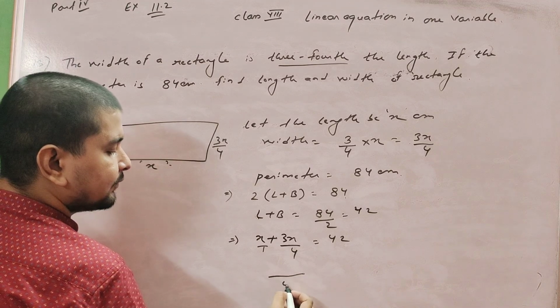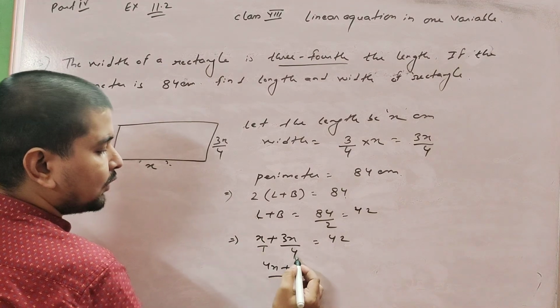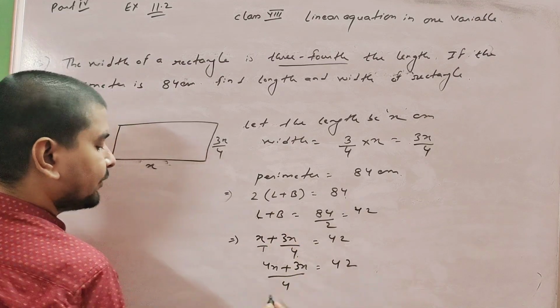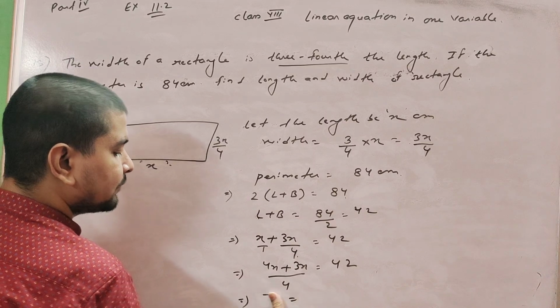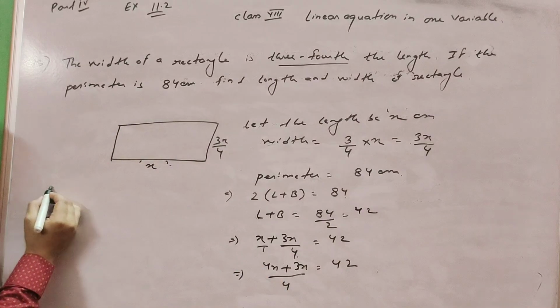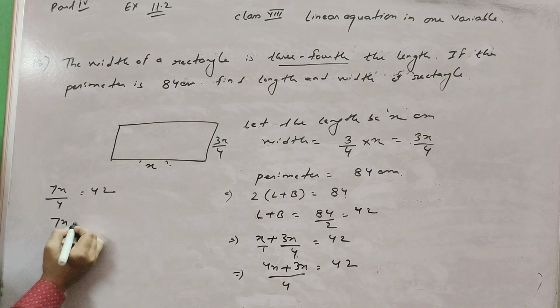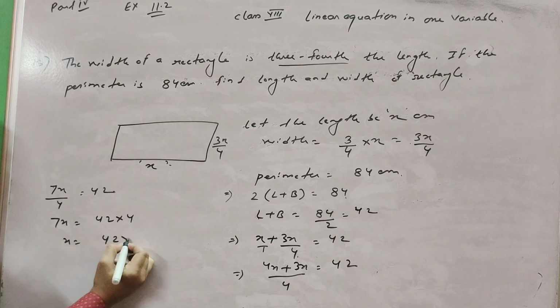Take the LCM: 4 into x is 4x, plus 3x, gives 7x by 4 equals 42. So 7x equals 42 into 4, and x equals 42 into 4 upon 7.